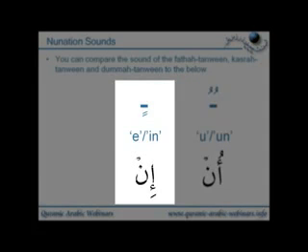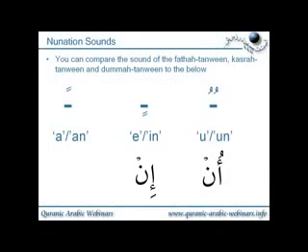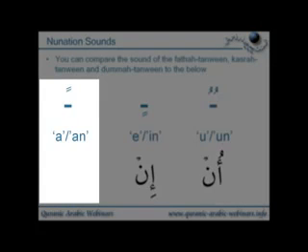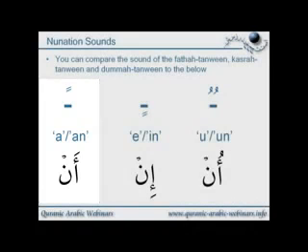With the kasratain, it's the equivalent of the hamza with the kasra and then the noon sakin, so In. And with the fatha tanween, we have the hamza sat on top of the alif and the noon sakin. Okay, so we have the dhamma tanween, kasra tanween and the fatha tanween, and they're the equivalent sounds that you would see if you had written the sound out yourself using sukun.